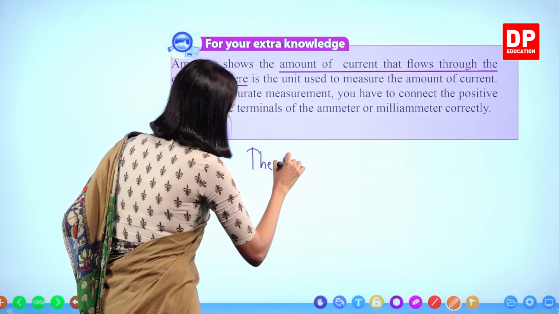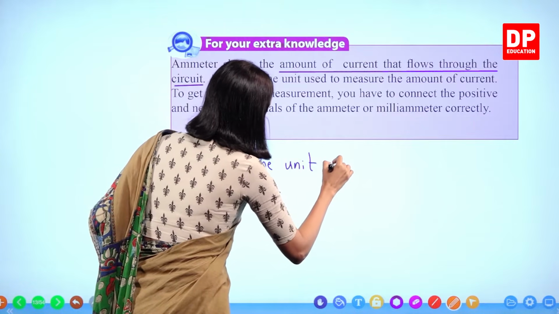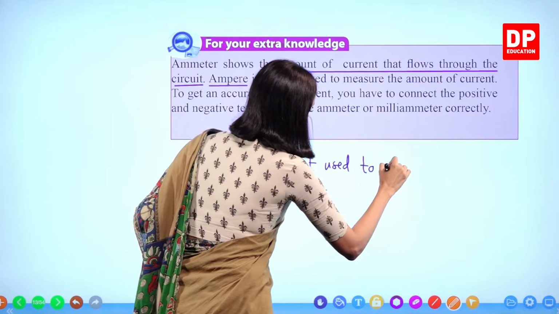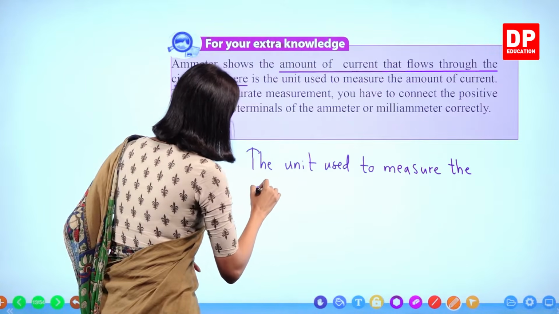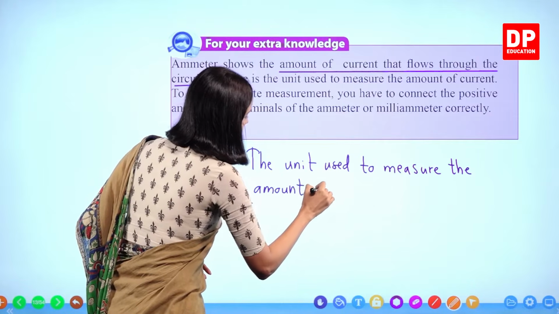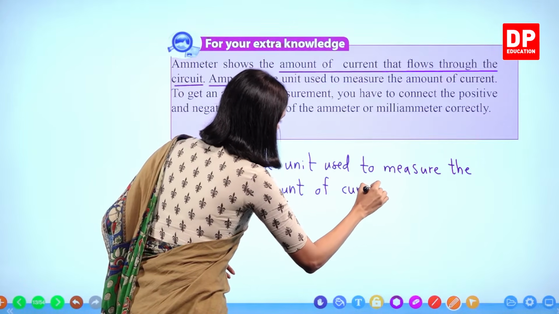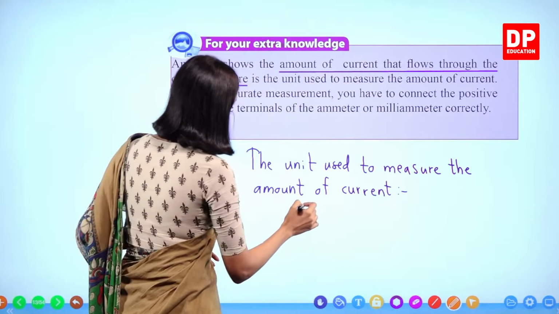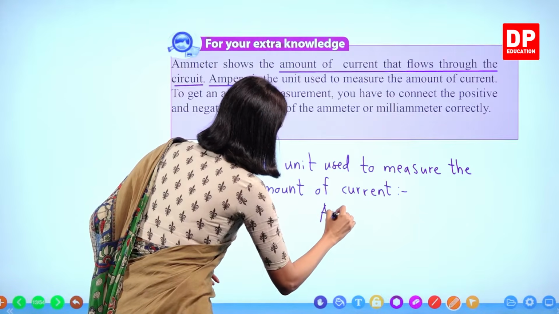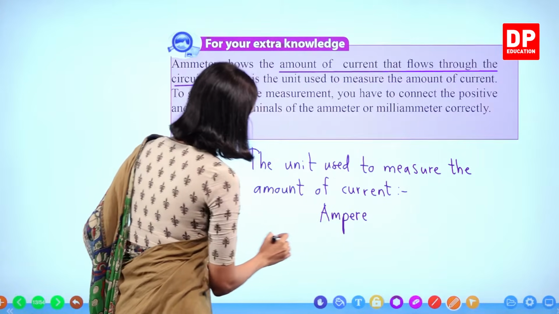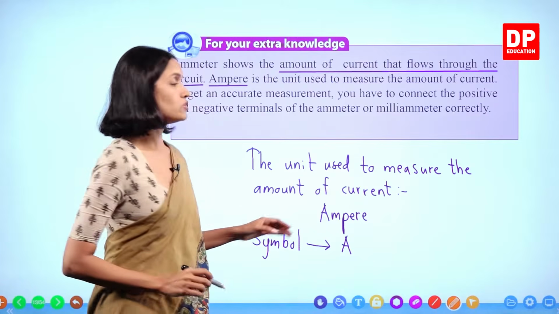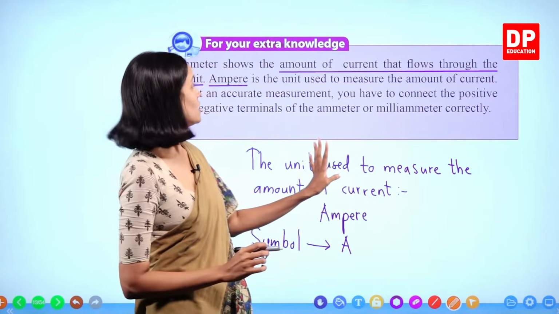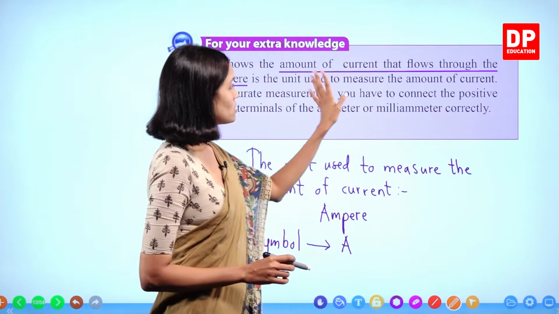The unit used to measure the amount of current is ampere. And the symbol is capital A. You are going to learn more about these things in the upper grades, okay? So ampere is the unit used to measure the amount of current.